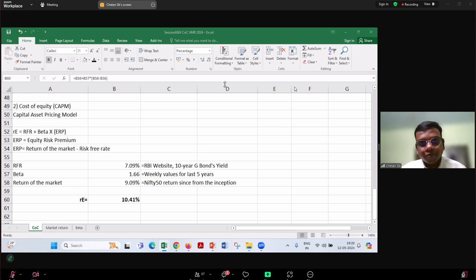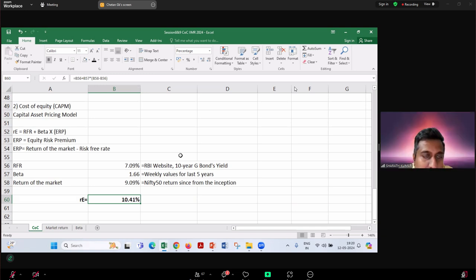If Sharad Kumar has put CAGR till date, okay, 14.2% till date. So till date means which date it is? Today's date it is? Yes, sir.